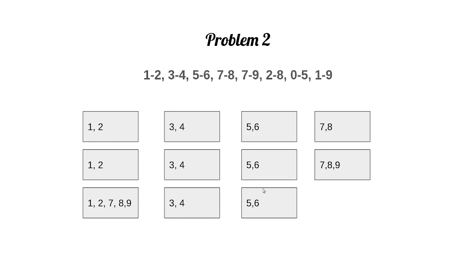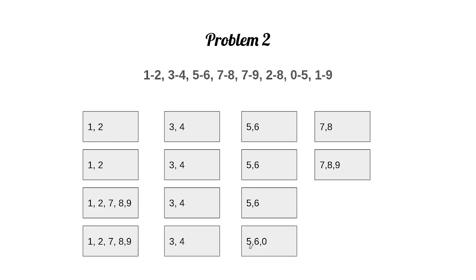The next input is the union of 0 and 5. So 0 does not already exist in any of the sets, and 5 is in the third set. So we add element 0 to the third set, and that gives us 5, 6, 0. Now the last operation says take the union of 1 and 9.